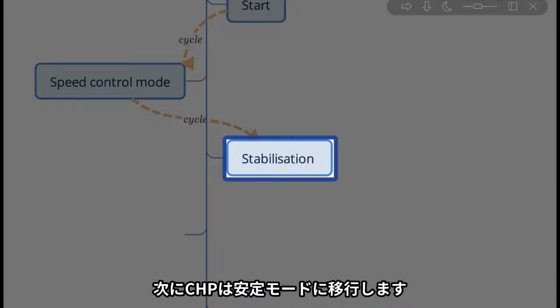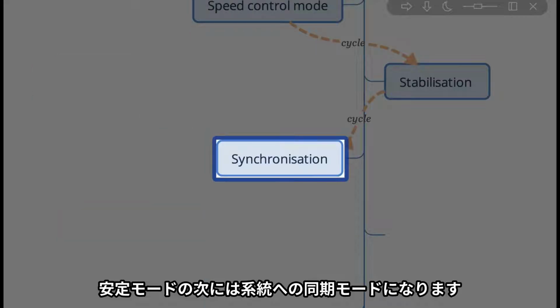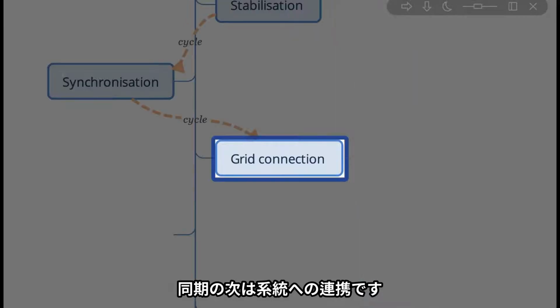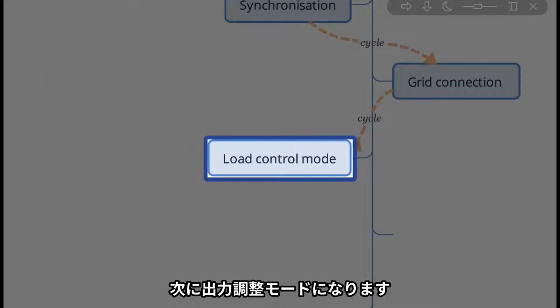From the speed control mode we go into the stabilization mode. From the stabilization mode we jump over to the synchronization. From the synchronization we jump to the grid connection, that means when the generator circuit breaker is closed. From the grid connection we go into the load control mode.